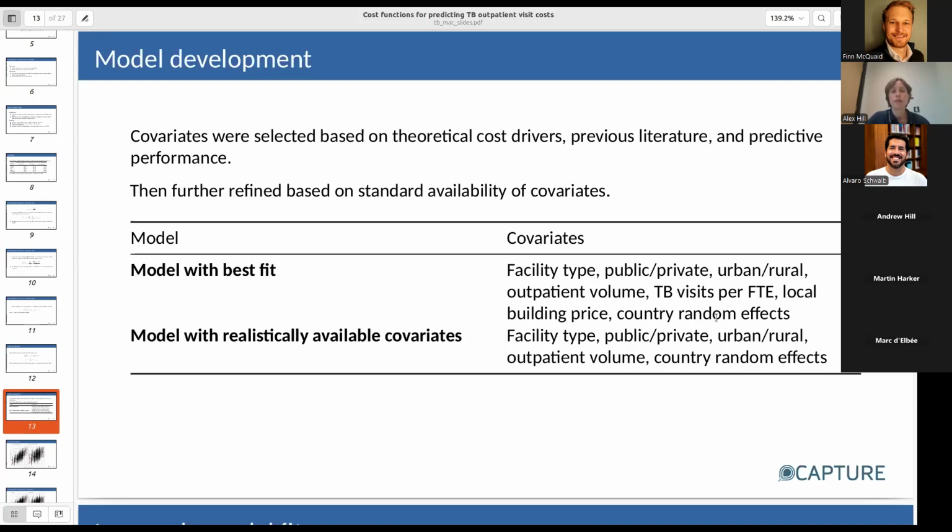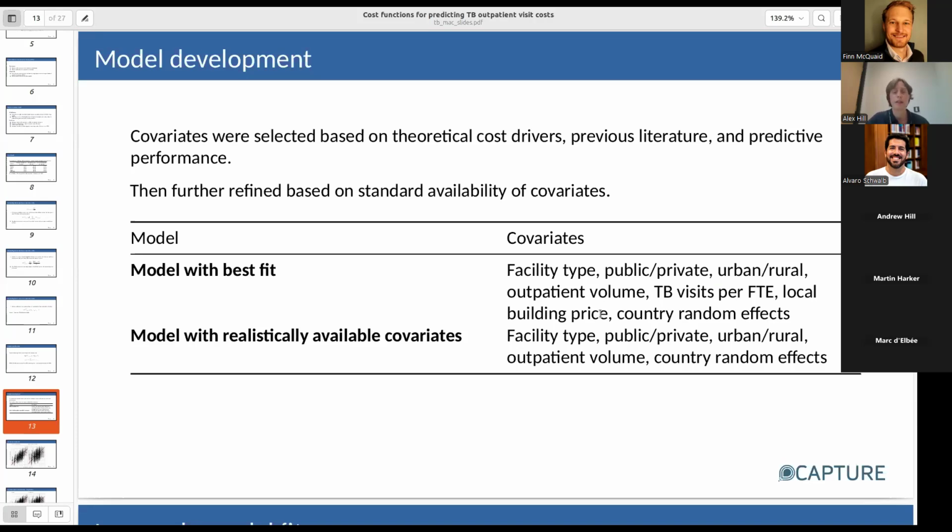But then I wanted to refine this further based on which covariates would actually be available through standard reporting. Staffing levels are generally not really available. Number of TB visits: although total outpatient volume is standardly available, TB visits might not be. So this efficiency measure had to go, and there wasn't really a good alternative to that.